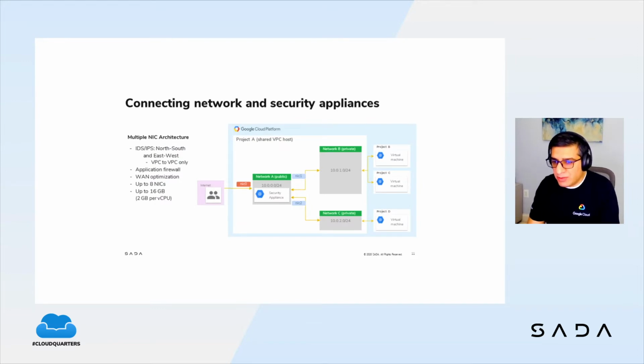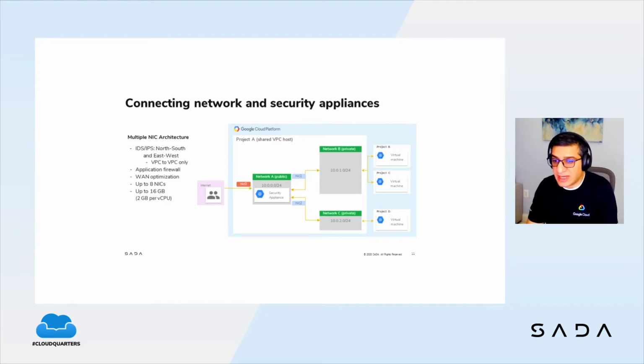When our customers need to deploy a capability that's not natively supported with Google, for example, IPS/IDS functionality or deep packet inspection or next generation firewall, they bring a network appliance from our marketplace. The marketplace has a number of the common networking providers with their software like Cisco, Palo Alto, and others, and they deploy it in their VPC and use a multi-network interface approach to enable connectivity to multiple VPCs.